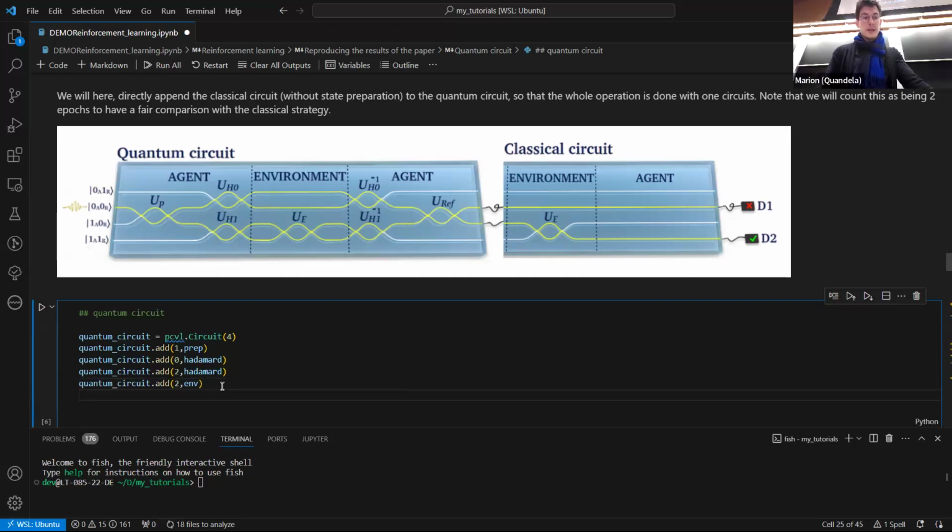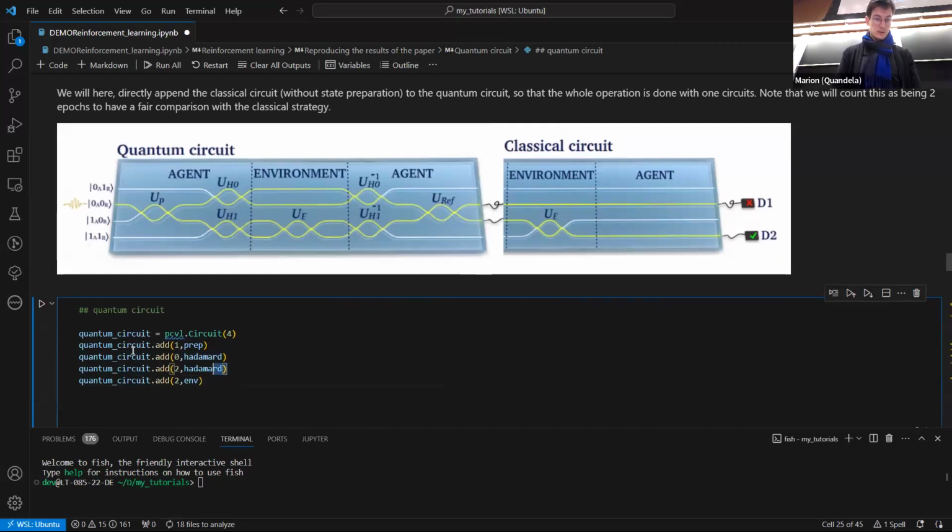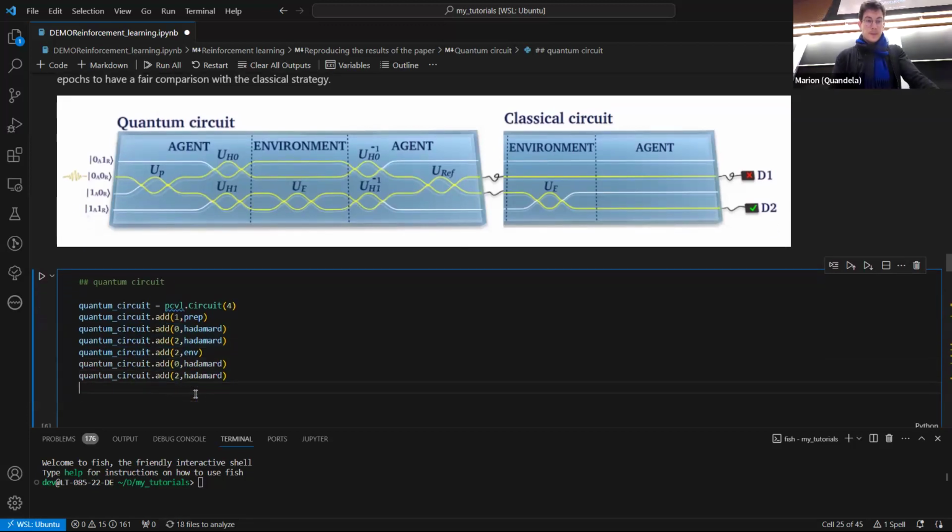Then we need to undo the Hadamard gate. The Hadamard is its own inverse, so we don't need to conjugate it. Right, and then we need to perform the reflection.